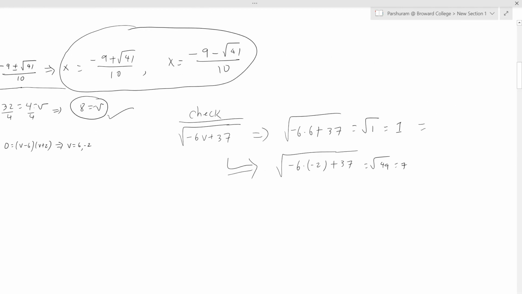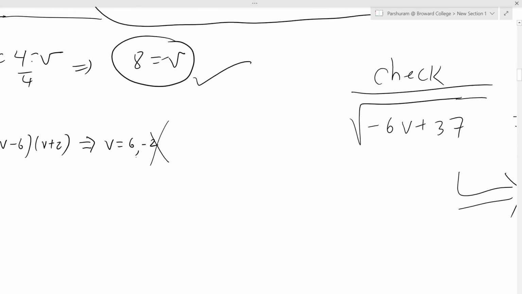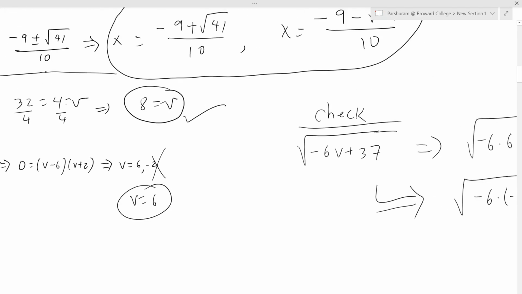So the only possible answer is v equals 6.